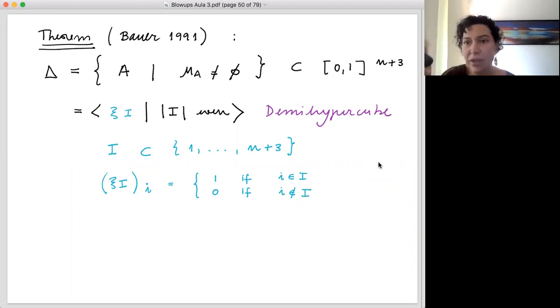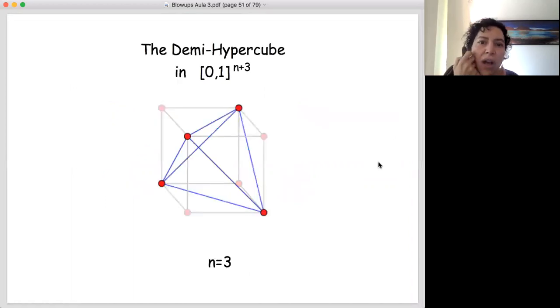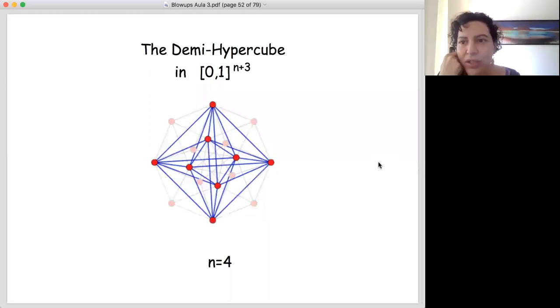So this is a polytope that has been very much studied in combinatorics. And I put here some pictures of the demi-hypercube. So this is in the case when n equals 3. This is very easy to visualize. You just erase half of the vertices of the cube, and then in this case you get the tetrahedron. When n equals 4, this is harder to picture, but I still try. This is from Wikipedia, an illustration of what would be the demi-hypercube for n equals 4.